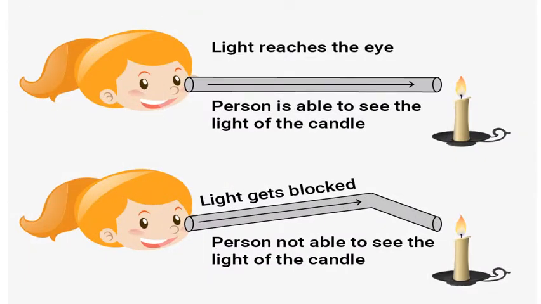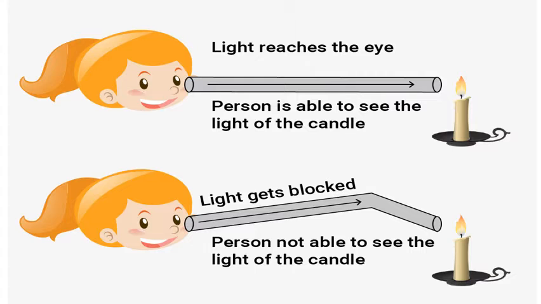Now students, as we have discussed, light travels in a straight line. When we switch on an electric torch, it makes a beam of light, right? And if we want to use the torch to light up an object, we must point the torch in the right place.